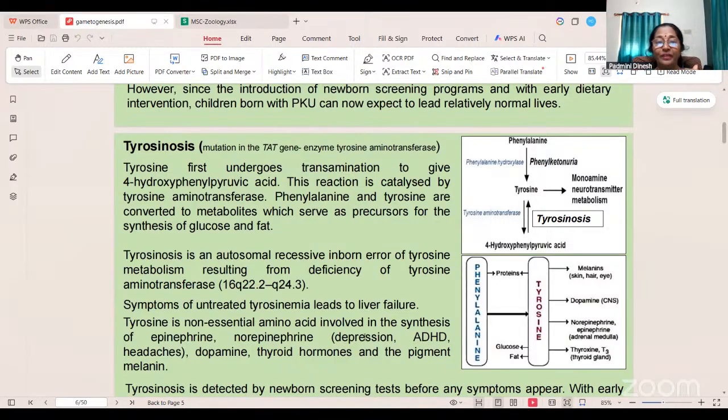Then the person will undergo depression, ADHD, attention deficit disorders, headache. Frequent headache is because of this tyrosine not being present. The dopamine, of course, the feel-good factor, thyroid hormones, and the pigment melanin. The color of the skin is because of this pigment melanin. And all this goes for a toss if tyrosine is not broken down to 4-hydroxyphenylpyruvic acid.